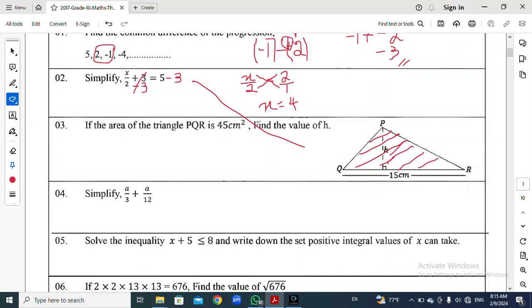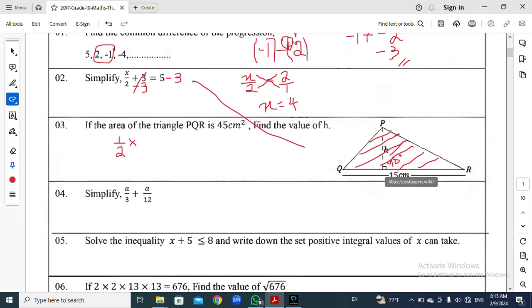The formula for the area of a triangle is half into base into h, and the angle should be 90.